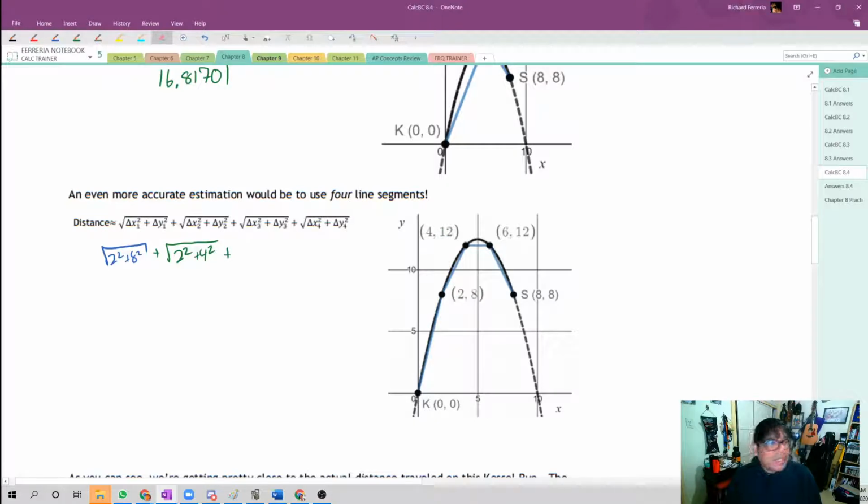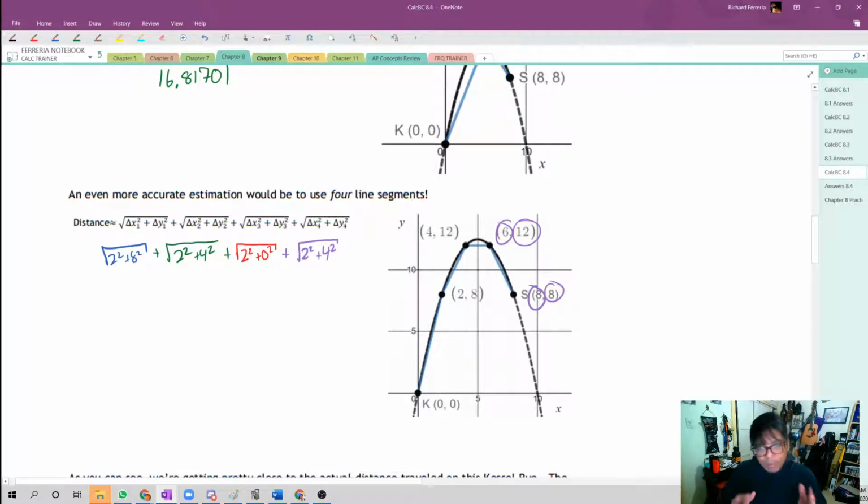Our third line segment distance, and we're going to start running out of colors here soon, is the square root of, now the difference in x coordinates again is 2, so 2 squared, and then the difference of y coordinates, 12 minus 12 is 0 squared. Finally, for our last line segment, the distance in x coordinates, 8 minus 6 is 2 squared, and then the difference of y coordinates, 8 minus 12, that's 4 squared.